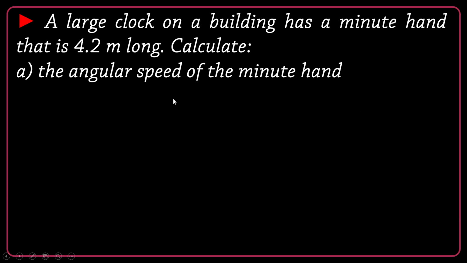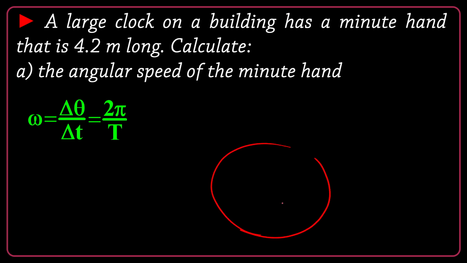A large clock on a building has a minute hand that's 4.2 meters long. Calculate the angular speed of the minute hand. Angular speed is omega. Omega is Δθ over Δt or 2π divided by T. I prefer this one. T is the period. Think about the minute hand.